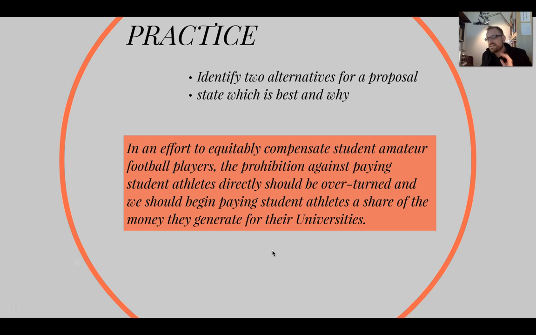So, okay, this argument gives you one type of proposal. Well, what are two potential alternatives for the proposal? The proposal I was giving here was the idea that we should just directly pay student athletes a share of the money they generate for their universities. Well, okay, this creates some problems, because obviously if we start paying student athletes, they're no longer amateur athletes.